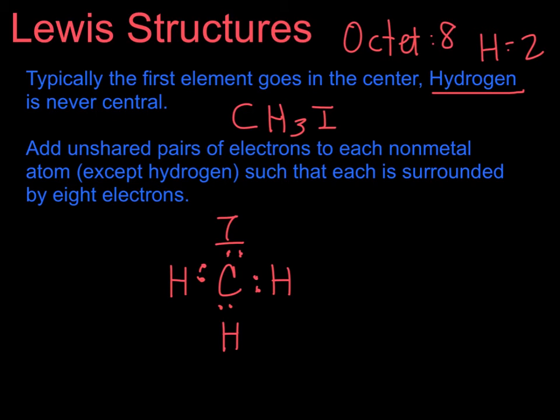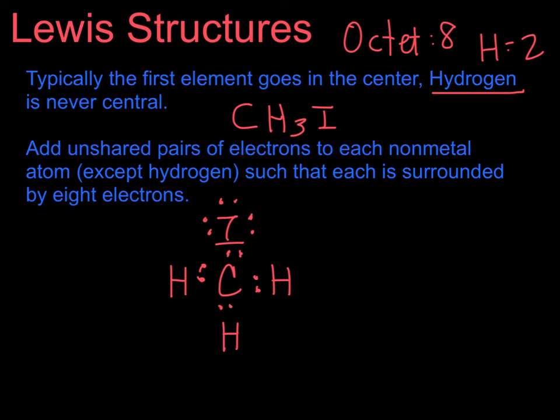This, however, does not fulfill the octet rule for iodine. So what we need to do next is go back to iodine and fill in the unshared electron pairs. Iodine had 7 valence electrons, so we're going to fill the rest of those in. Now iodine is also following the octet because it has 2, 4, 6, 8 electrons.